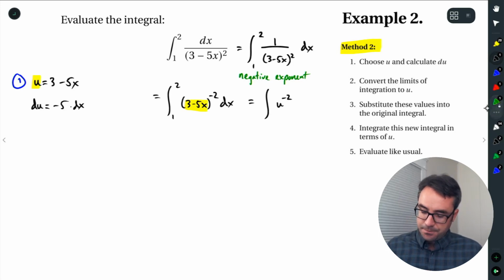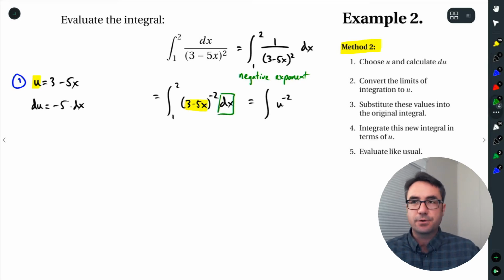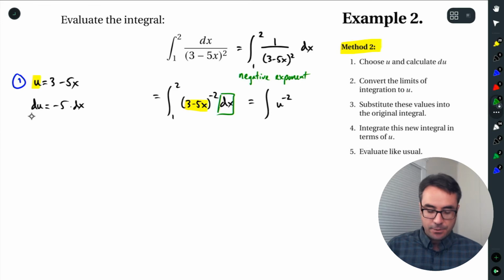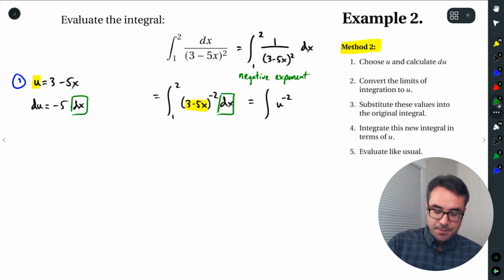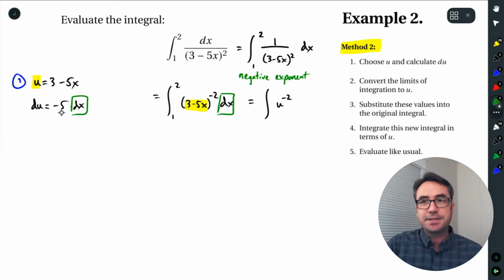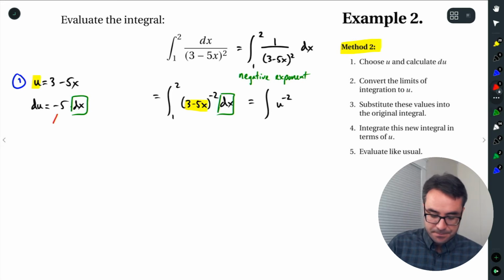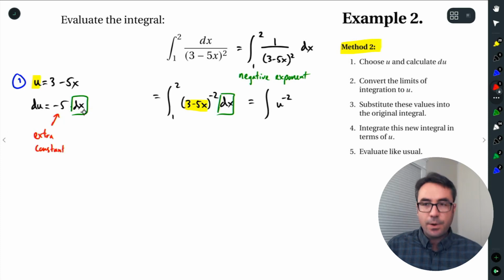What else do we need to do? Well, let's look at what else we have in our original integral, this dx. We're going to have to do something with this differential. We see a dx, but then we also have this extra constant of negative 5. And we know how to handle an extra constant if our differentials don't perfectly match.